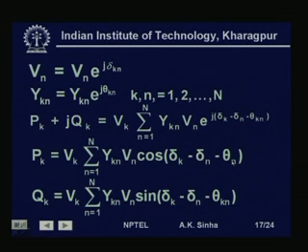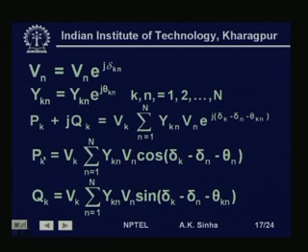I am sorry, here this Vk is missing in this. And Qk is equal to Vk summation from n equal to 1 to capital N Ykn Vn sin of delta k minus delta n minus theta kn.